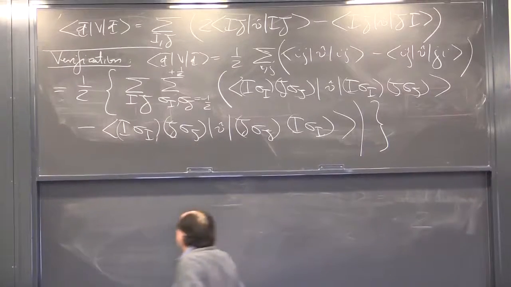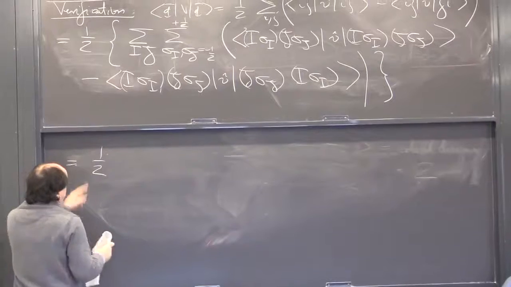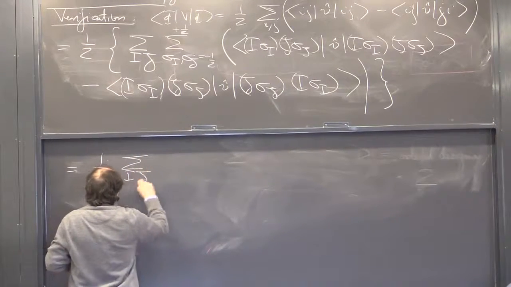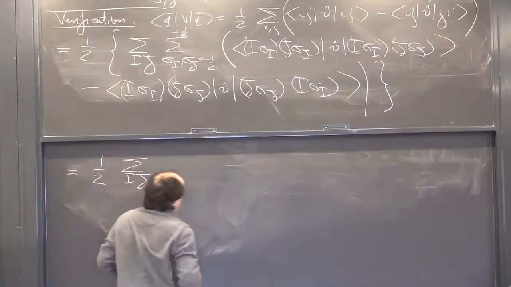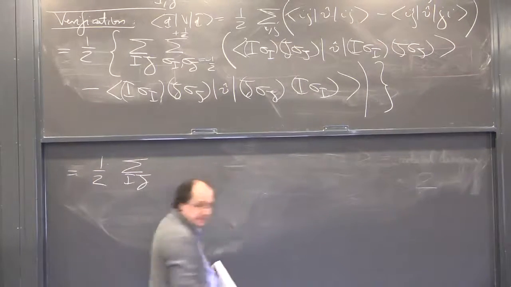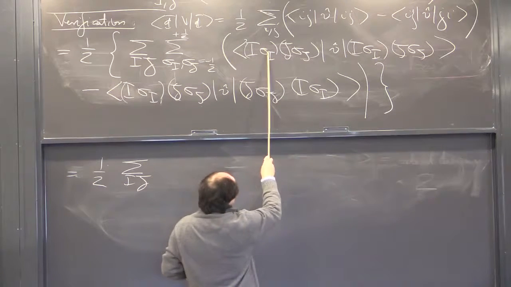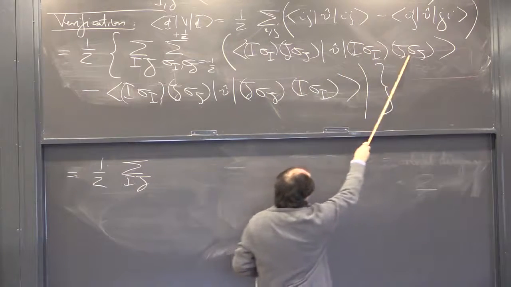So what do we get? We get 1/2. Let's focus on the first term. I'm going to start with a summation over ij. In the first term, you can see we have spin σ_I running into spin σ_I and spin σ_j running into spin σ_j.